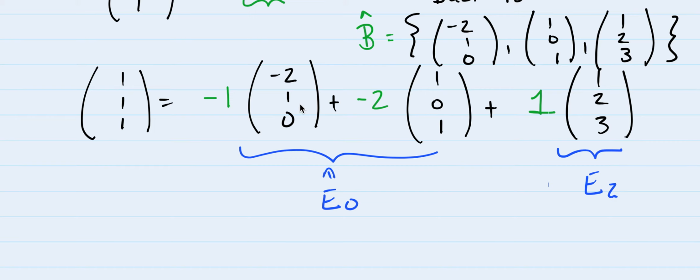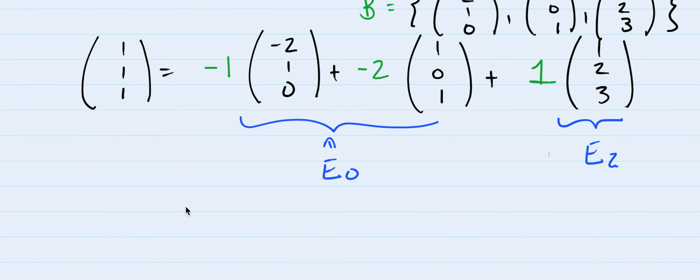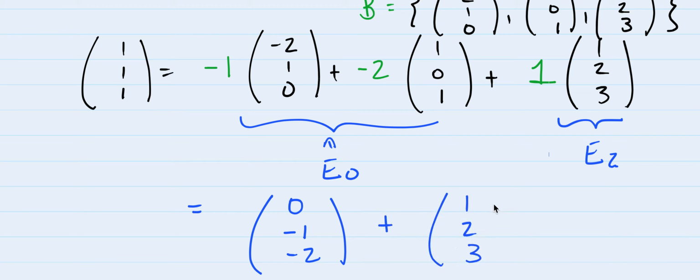So let's combine these. This is equal to 2 minus 2, which is 0, negative 1 and a 0, and then a negative 2. I'm just adding these two vectors together. And then this vector is 1, 2, 3.